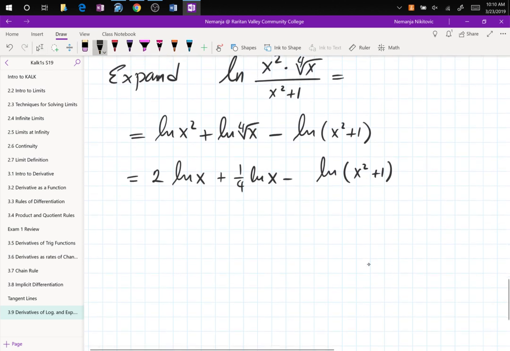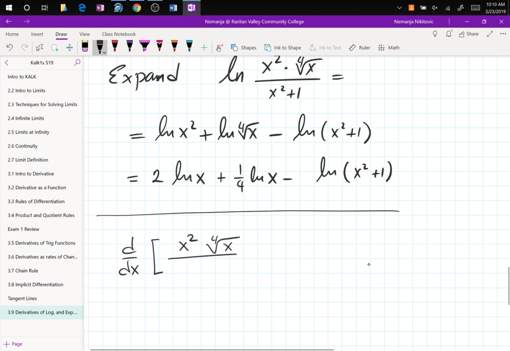So let's go and work out a problem. Say we want to differentiate this easy example.